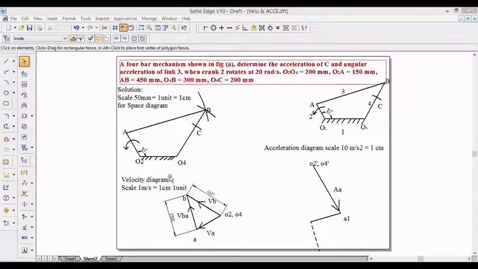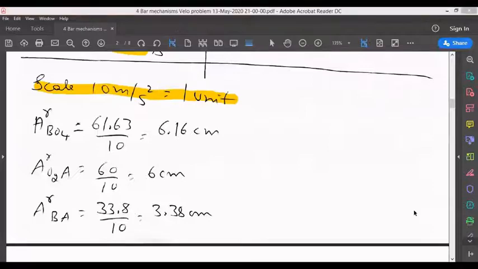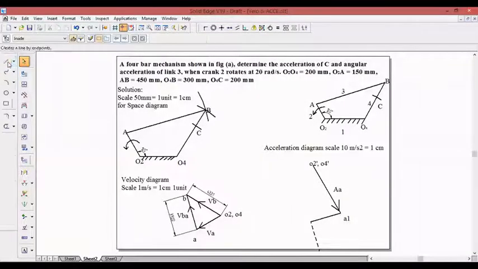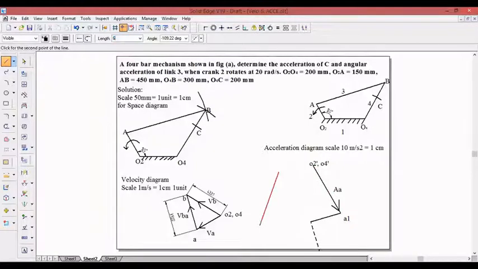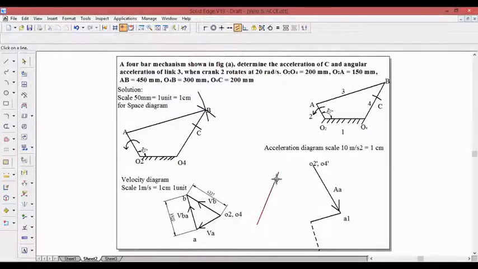61.63. See, here we have 61.63, that means 6.16 centimeters. So for that, let us draw a 6.16 centimeter line, and that should be parallel to BO4.